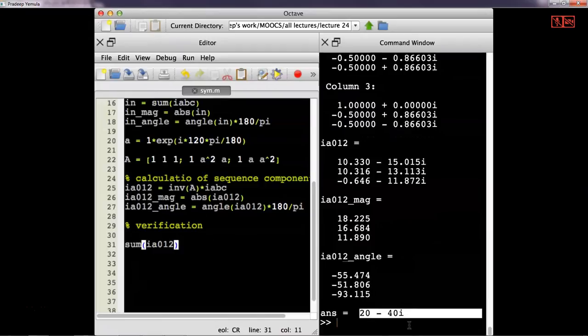Here you can see on the screen the answer is there. This is nothing but 20 minus j40. If you remember, this is the correct value of IA. So this is verification of IA. Now I want to do one more verification, to verify IB.